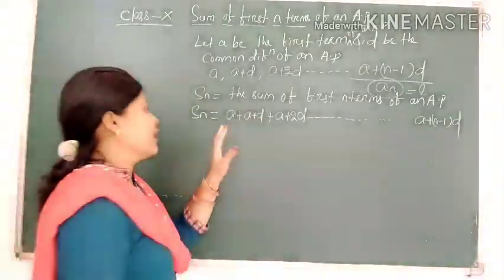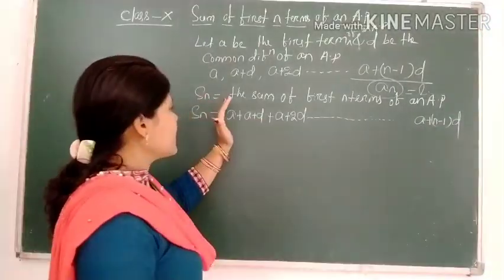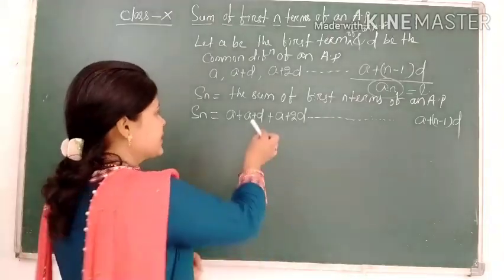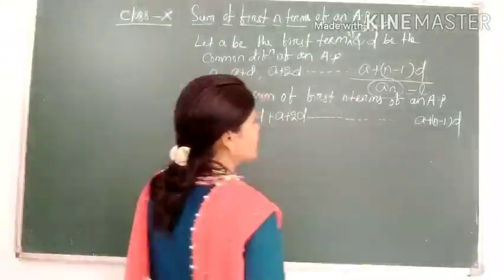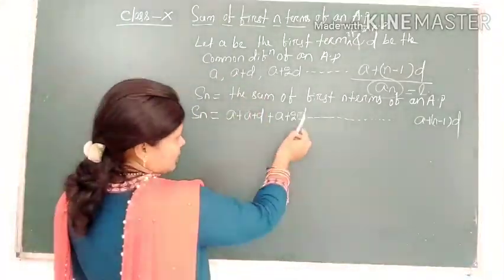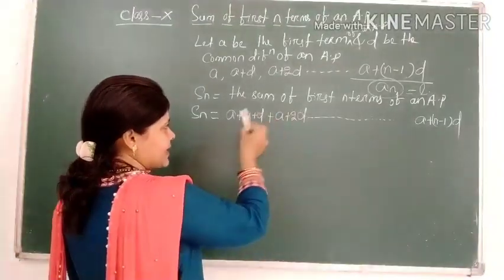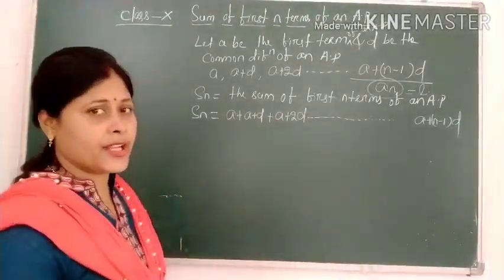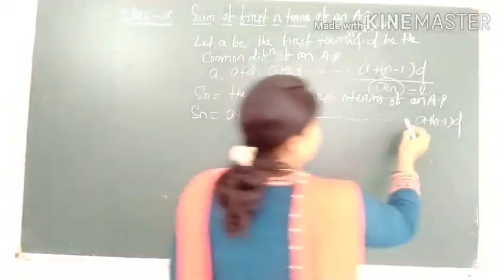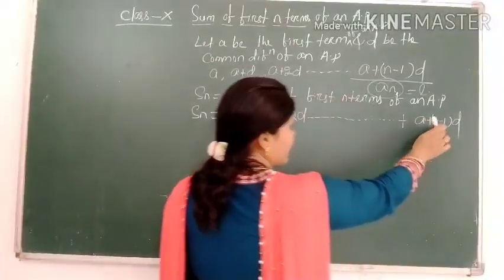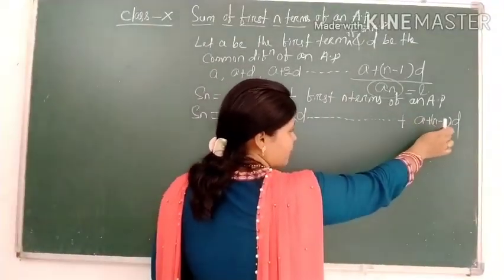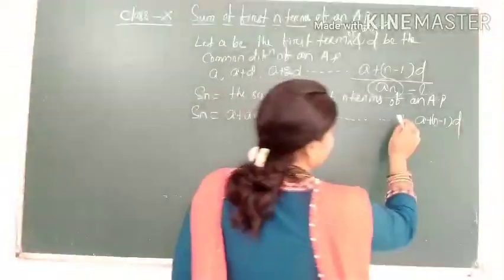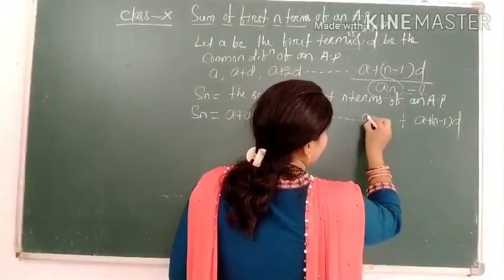So see here, on your left hand side, D is increasing, but on your right hand side, D is decreasing. So if I want to write the term before your nth term, what will it become?